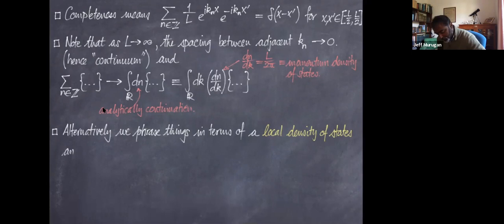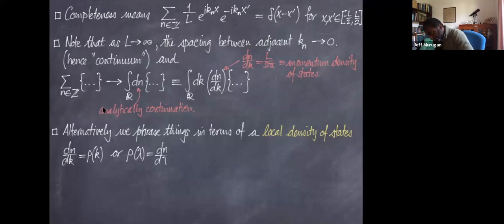Let's write dn by dk as rho of k, or another way of writing that, rho of lambda, the eigenvalues, is dn by d lambda, which is L over 2 pi root lambda when we convert it to lambdas.